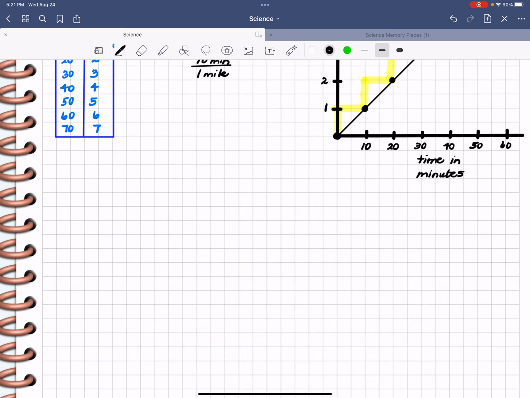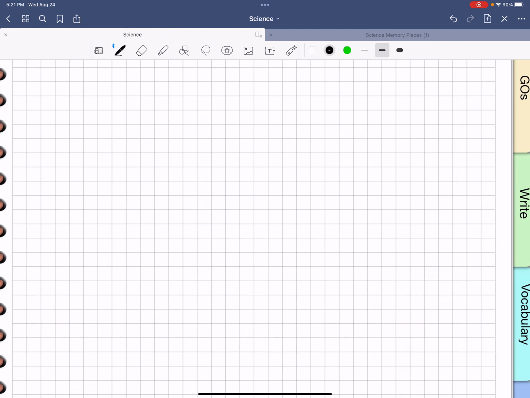Okay, let's do B. So I'm going to start with an if-then statement. I'll have to read it to know what if. A company sells an item for $12.